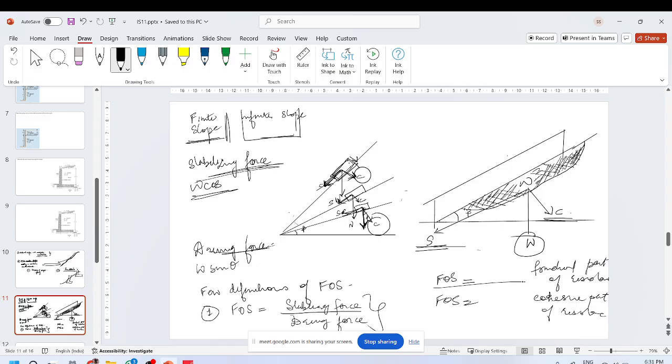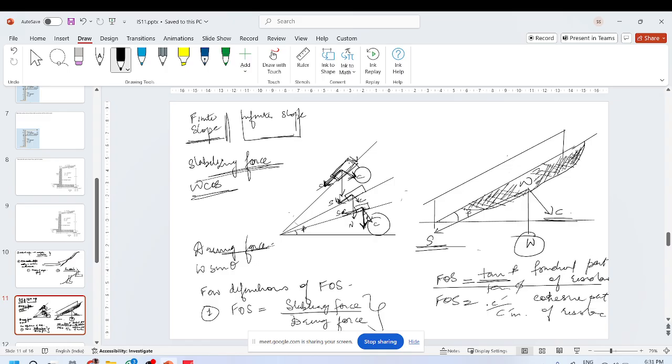But some of the definitions want to take only the frictional component, so they take tan beta over tan phi, and sometimes it is c dash by c dash m. We can see that further.